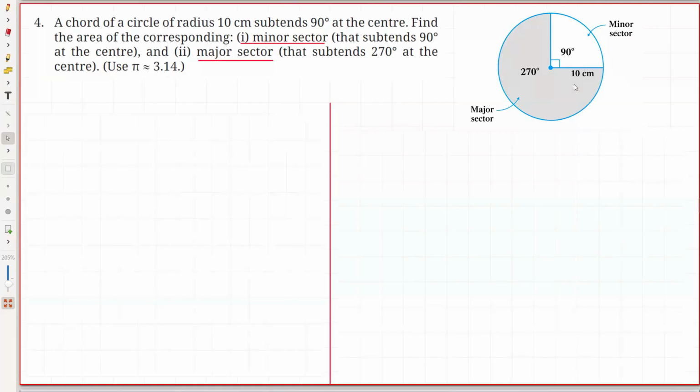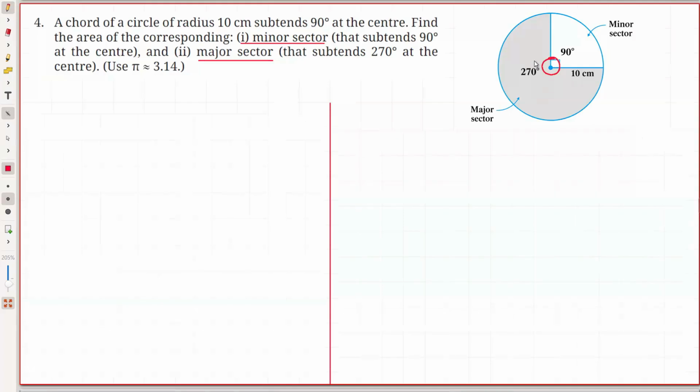For finding the major sector, the angle theta is equal to 270 degrees. How are we getting 270? We know that the full angle is 360 degrees, so 360 minus 90 gives 270. So for this portion the degree is 270, and we use theta by 360 into pi r square.